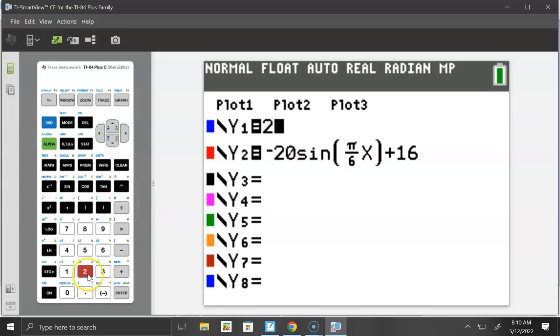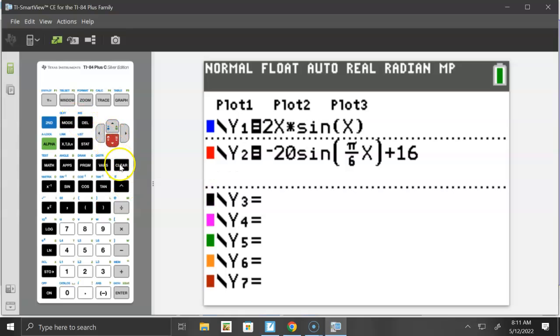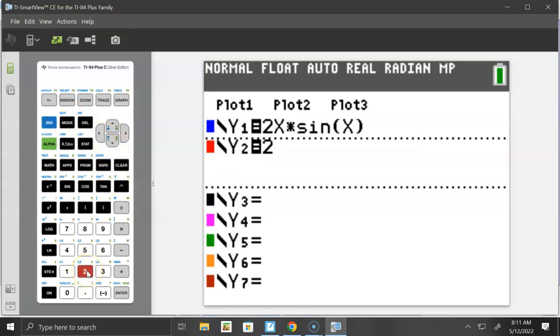I've got 2x. So my recommendation when you plug it in is each side of the equation is its own line on here. Okay?